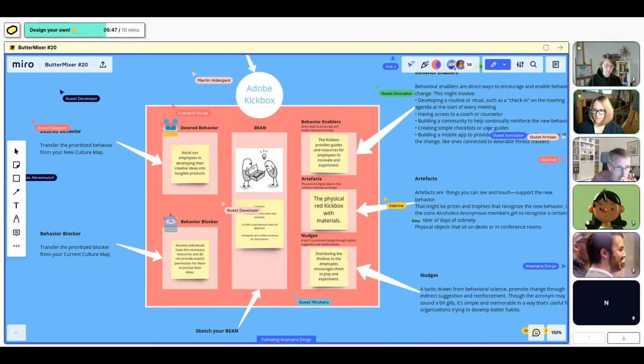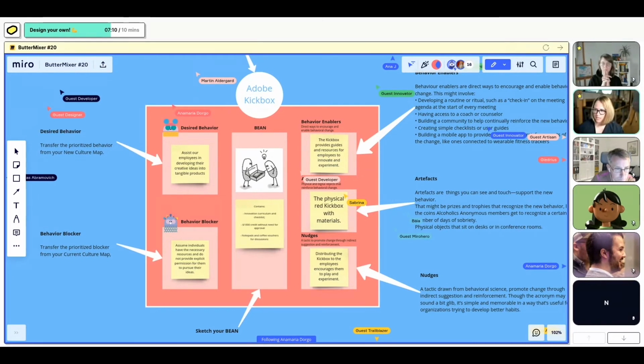Now you need three elements: the behavior enablers, the artifacts, and the nudges. A behavior enabler in that case is that the Kickbox provides guides and resources for employees to innovate and experiment. The artifact is this physical red Kickbox with the material.